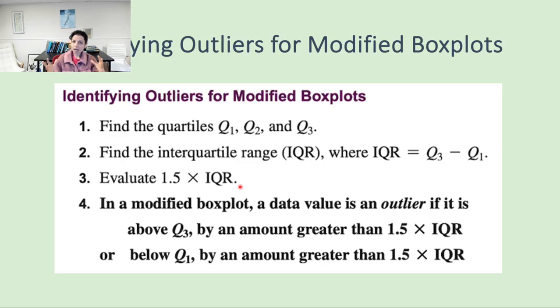So an outlier is going to be a value that lies either 1.5 times the interquartile range below or above. Okay. So if it's greater than 1.5 times the interquartile range above the third quartile, it's an outlier. If it's less than 1.5 times the interquartile range below the first quartile, it's an outlier.